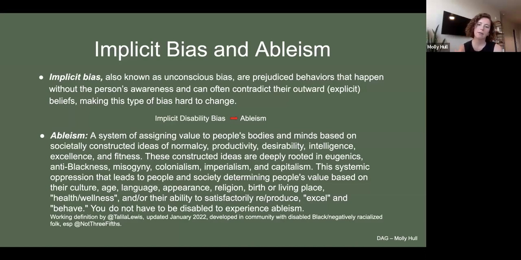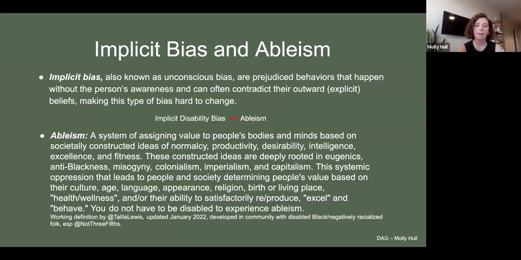These constructed ideas are deeply rooted in eugenics, anti-Blackness, misogyny, colonialism, imperialism, and capitalism. The systemic oppression that leads to people and society determining people's values based on their culture, age, language, appearance, religion, birth, or living place, 'wellness,' health/wellness, and/or the ability to satisfactorily reproduce, 'excel,' and behave. You do not have to be disabled to experience ableism."